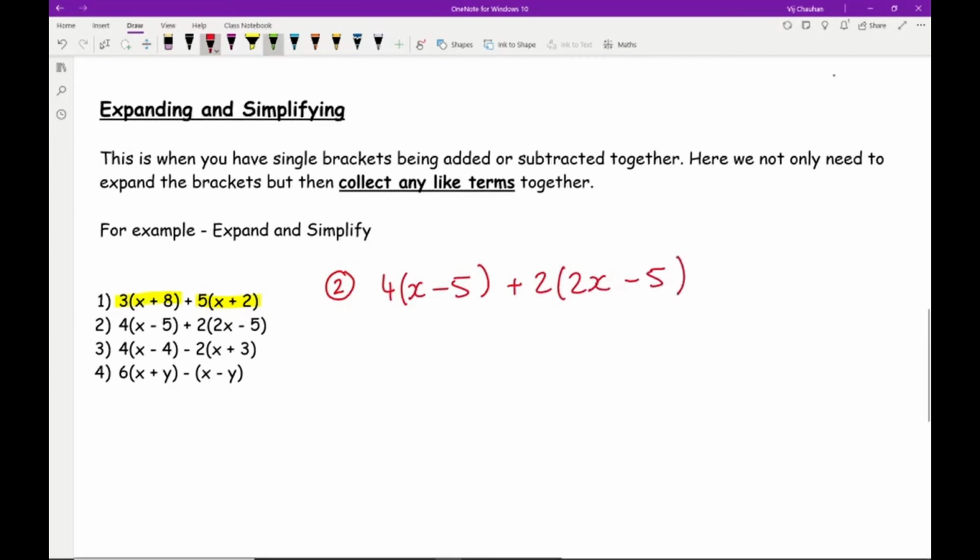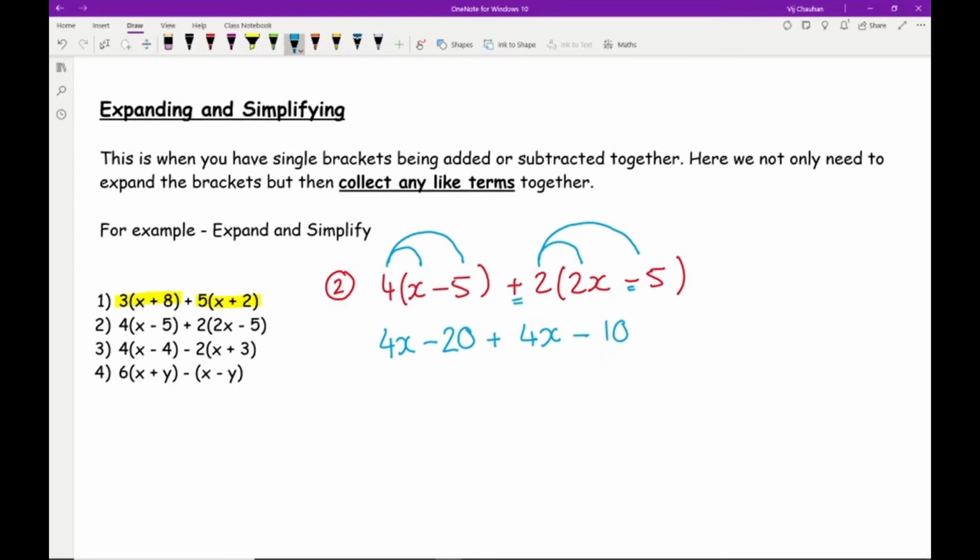So here I've got negatives, so I just need to be mindful of that. So 4 times x is 4x, 4 times minus 5 is minus 20, plus 4 times 2x, which is 8x, and here I've got positive 2 times minus 5, which is 10, but the signs are different, so it's minus 10.